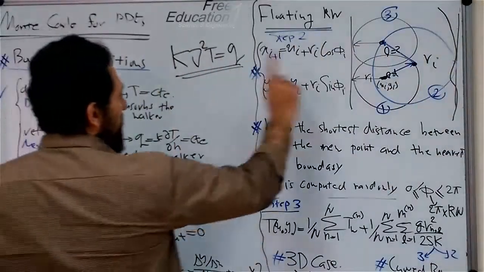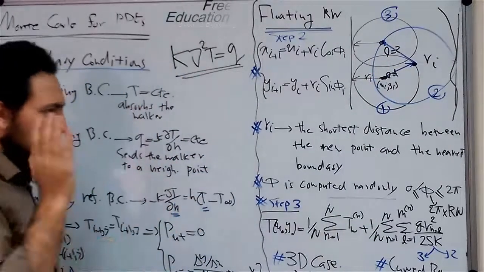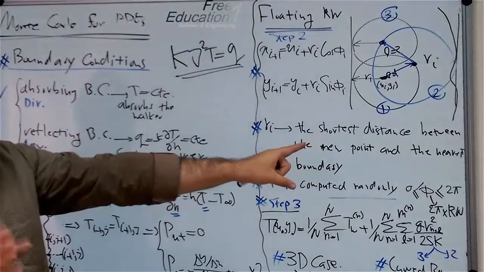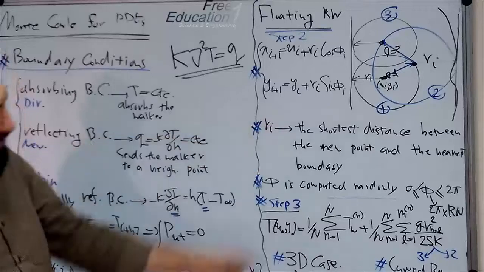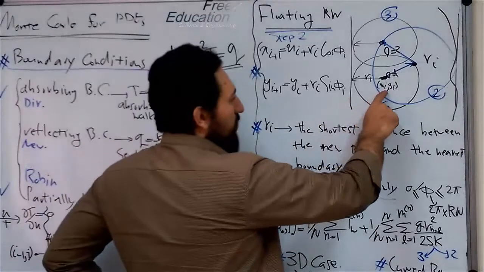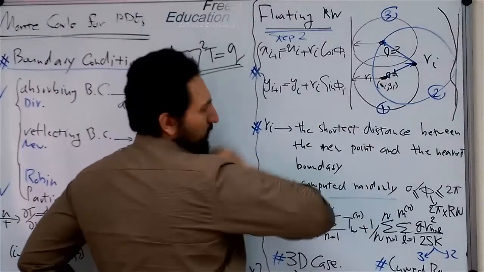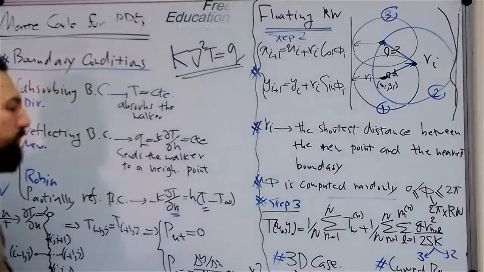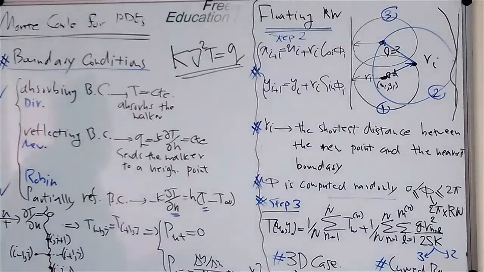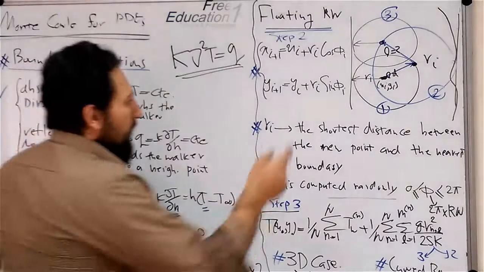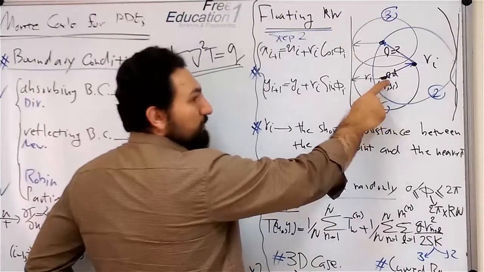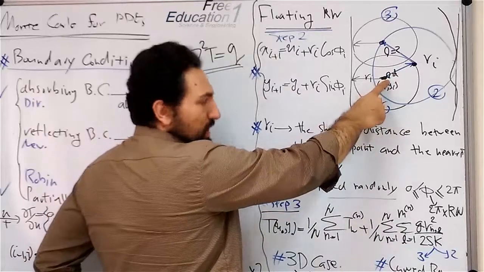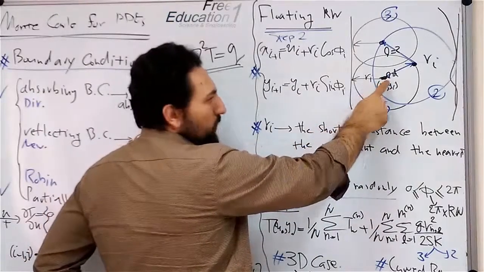So here is the initial point. I want to compute the temperature of that point. So I start my random walk process from that point. The coordinates are x sub i and y sub i. And in this case, I want to proceed with the random walk process based on the polar coordinates. So at the first step, I have to compute the shortest distance between this point and the boundaries.